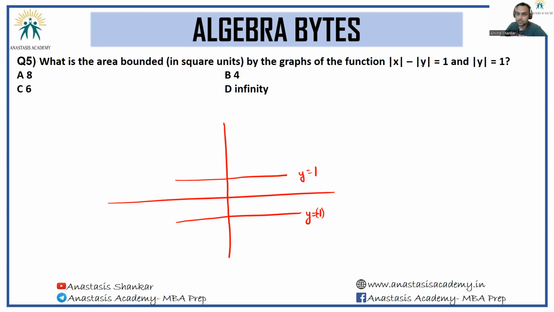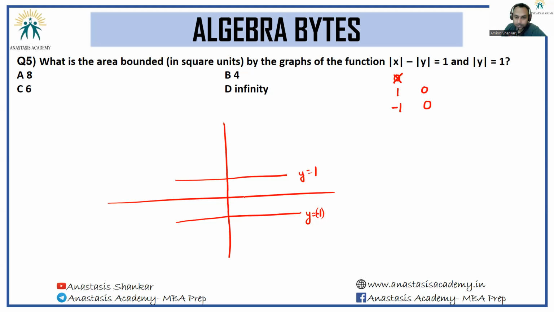Now mod x minus mod y is equal to 1. Okay, see, instead of memorizing how these graphs look, simply put in values. If x is 0, can you get 1? Never. So x would have to be 1, then y would be 0. Or even if x was minus 1, y would be 0.